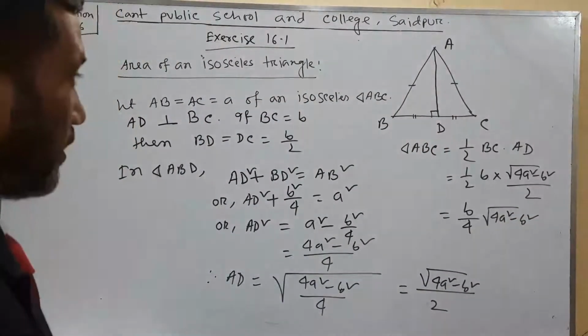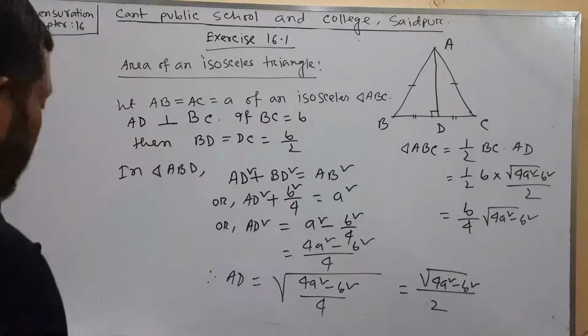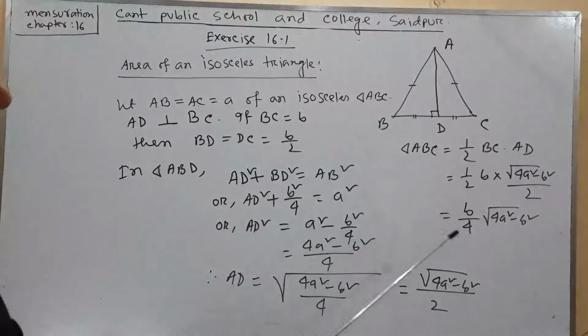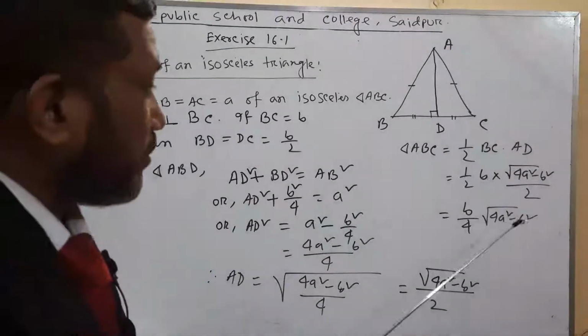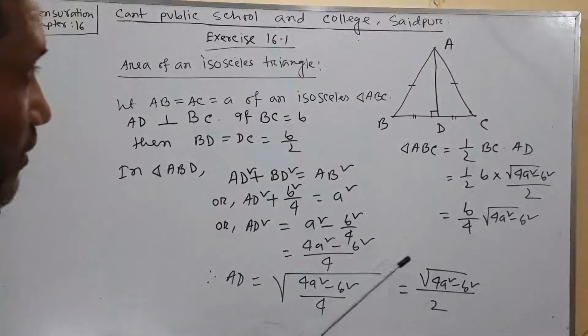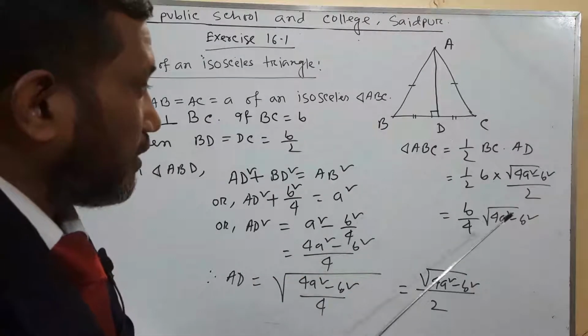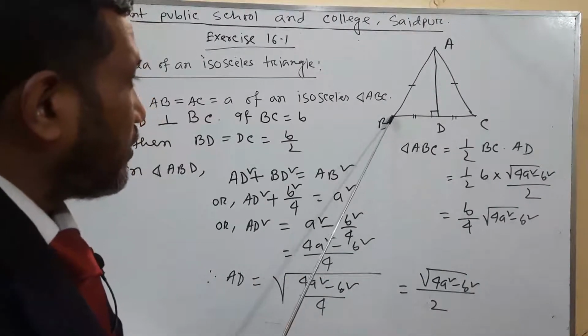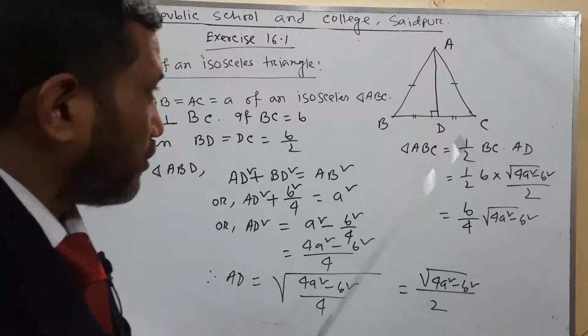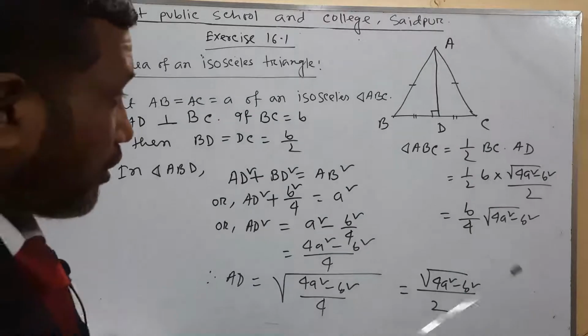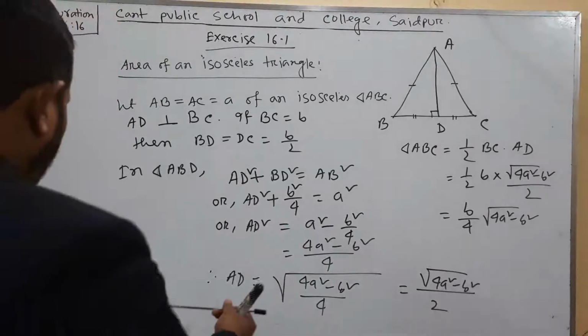This is the area of an isosceles triangle. Here a is the length of the two equal sides, and b is the base. That is, AB and AC are equal to a, and base BC is equal to b. So the area of this triangle will be b by 4 square root of 4a square minus b square.